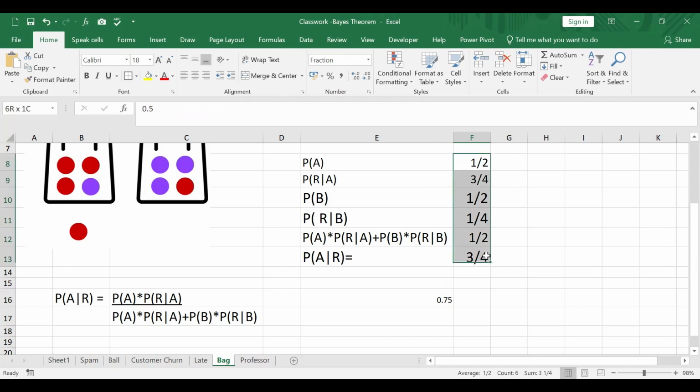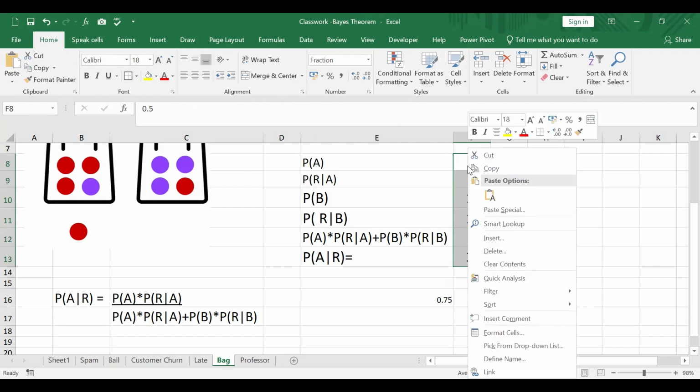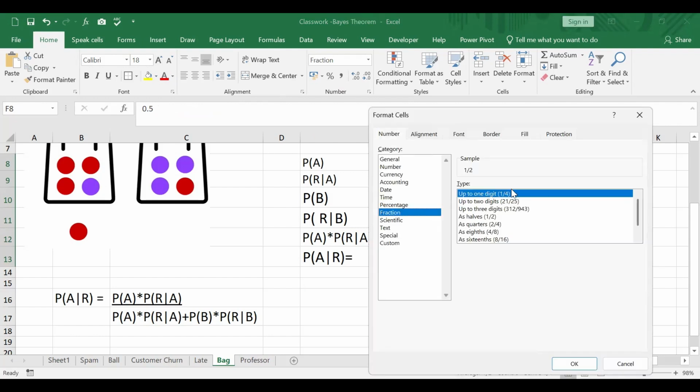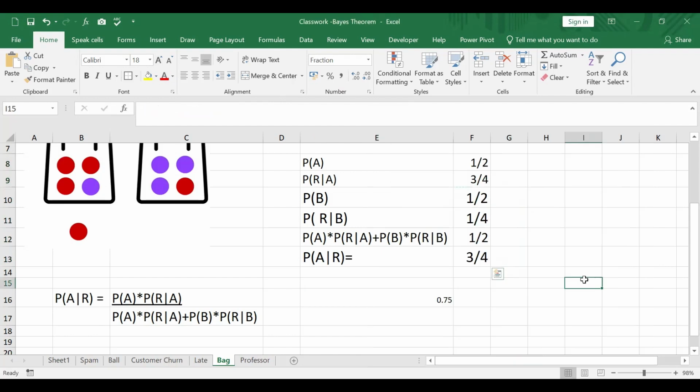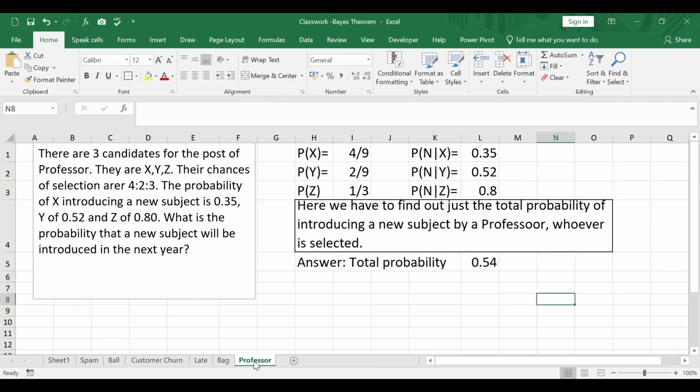Here also I had formatted the cells as fractions, in format cells, fraction up to 1 digit in the denominator or numerator, so I had to accordingly do that. That is that question. Now, next question.